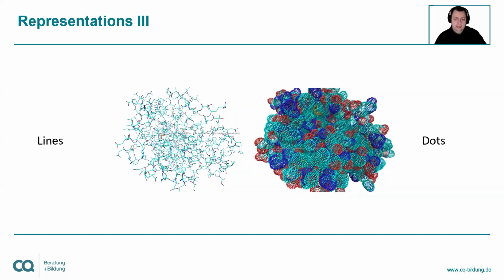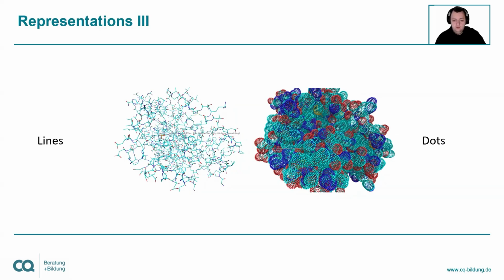A lines representation is very similar to a sticks representation. The main difference is that the covalent bonds and the corresponding atoms are shown as small lines instead of three-dimensional sticks.